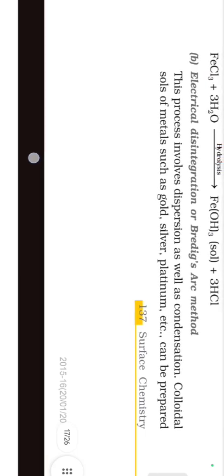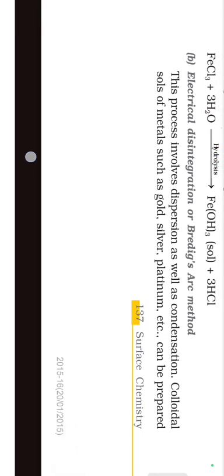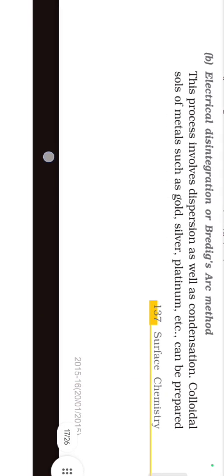FeCl3 plus 3H2O, hydrolysis, gives Fe(OH)3 sol plus 3HCl.